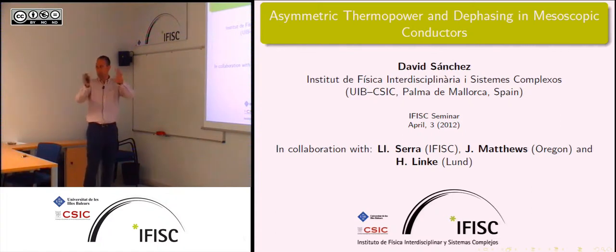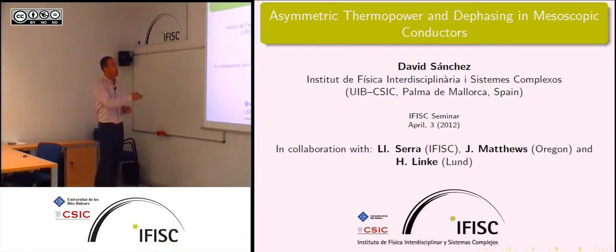There is one main common characteristic between these two works. Both of them are related to a kind of asymmetry which the Seebeck coefficient presents in these mesoscopic conductors. In the experimental case, this asymmetry is related to some spatial asymmetry which is broken by means of some scatterer that we have in the sample, some obstacle or impurities.